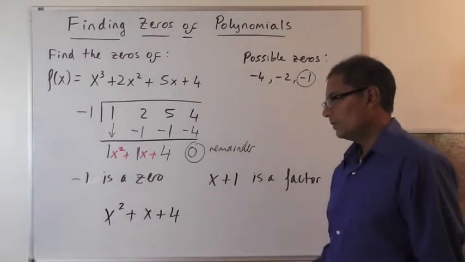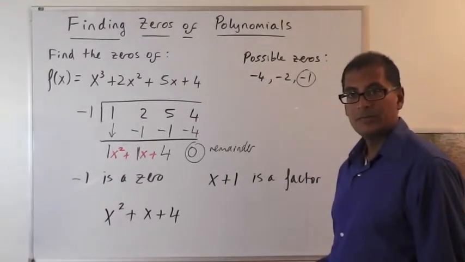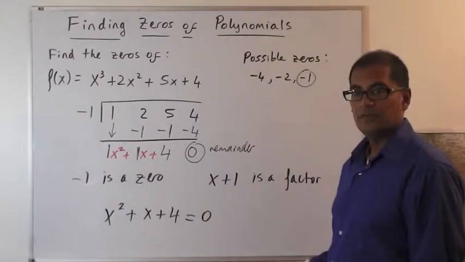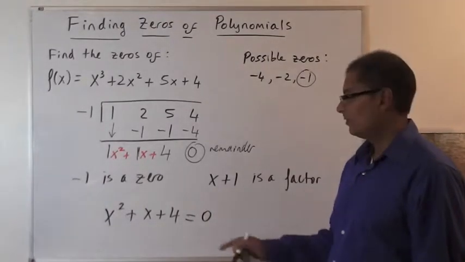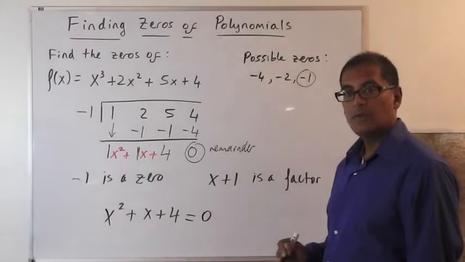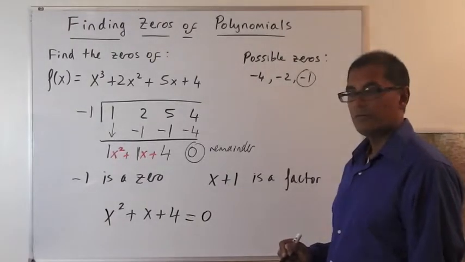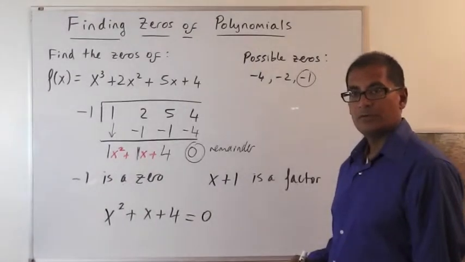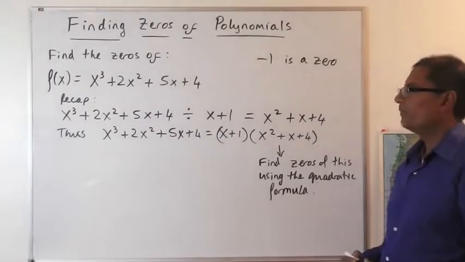And we want to know what are the zeros of this polynomial now. So in other words, we want to solve this equation here. Now luckily this is a quadratic equation, and now we could use the quadratic formula to find the zeros of this polynomial. So let's recap what we just found.